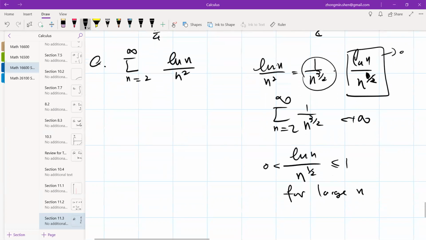Maybe n greater than or equal to 4 is enough. Yeah, I just say n greater than or equal to 4 is already enough. Maybe not enough, 9, 10, some number, okay? Because natural log n grows slower than square root of n, okay?